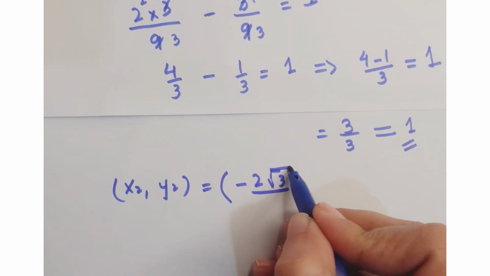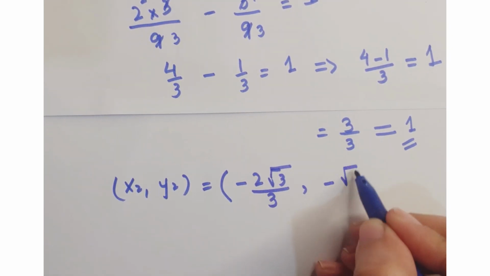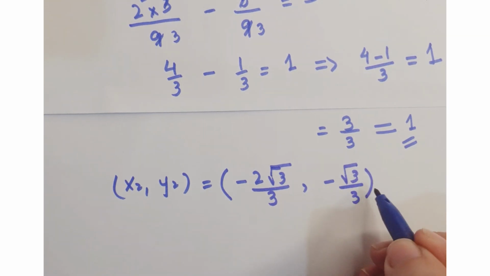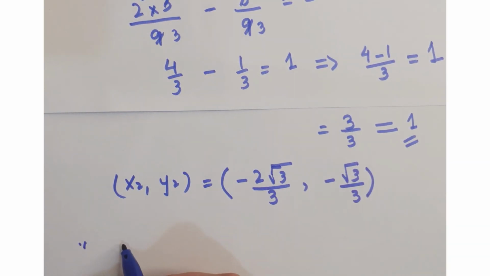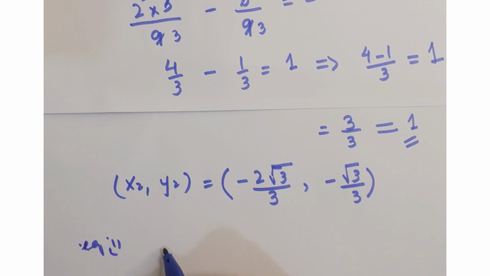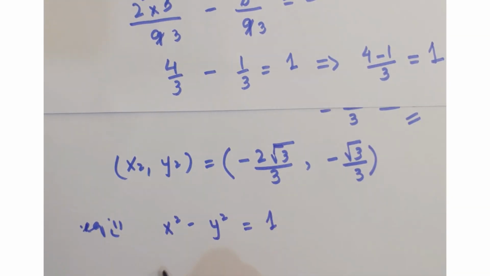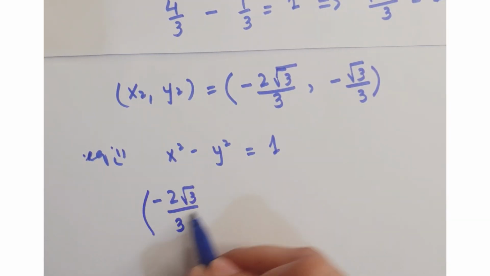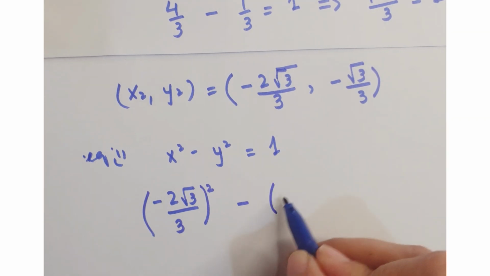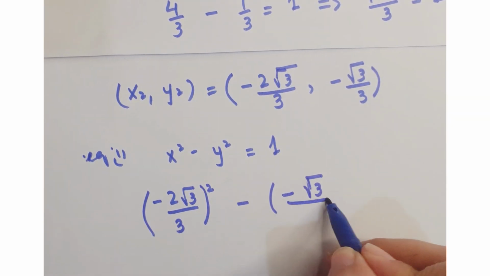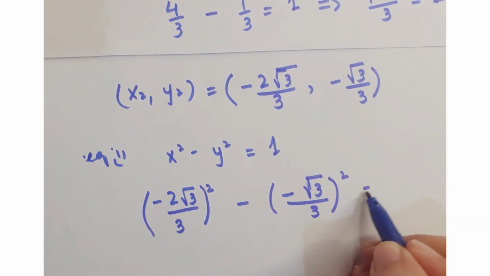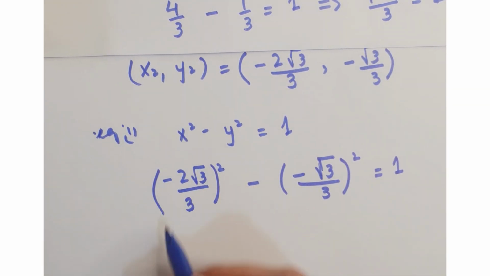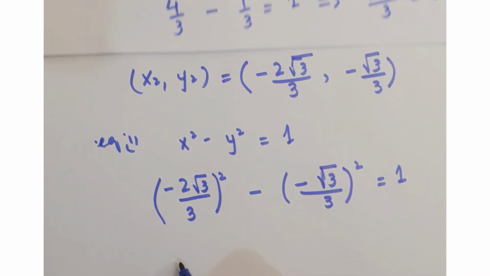Now let's go for the next solution, that is x2, y2 is equals to minus 2 under root 3 upon 3, minus under root 3 upon 3. Now putting this value in equation number 1, that is x square minus y square is equals to 1, by putting the values, here the minus sign gets changed because there is an even power.